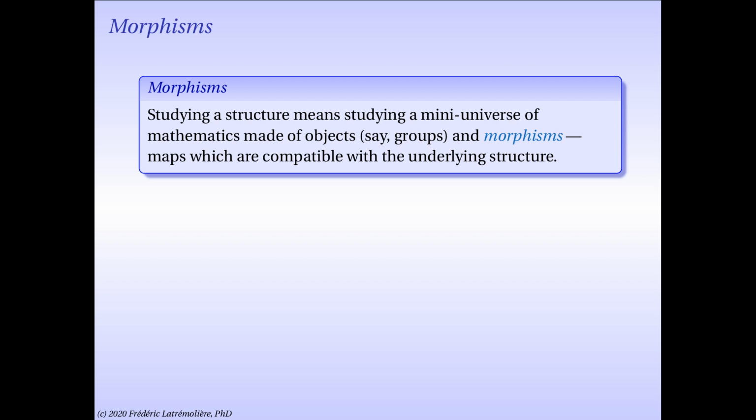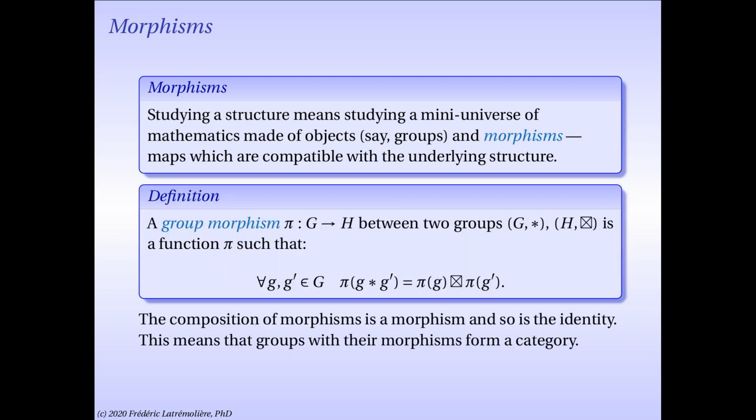To conclude our discussion on groups, I want to introduce the notion of a morphism. When you discuss algebraic structures, you don't just discuss objects like, say, groups, but also maps between those objects that are in some sense compatible with the underlying algebraic structure. Let's see an example here.